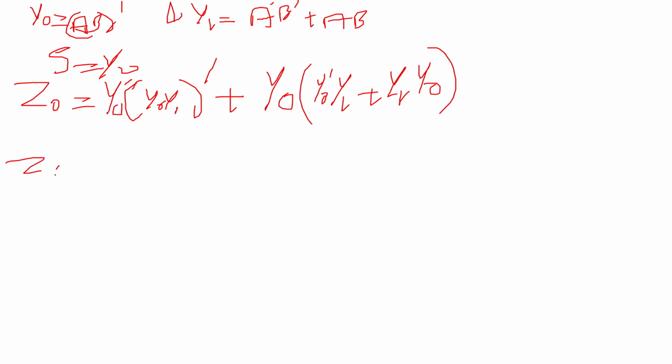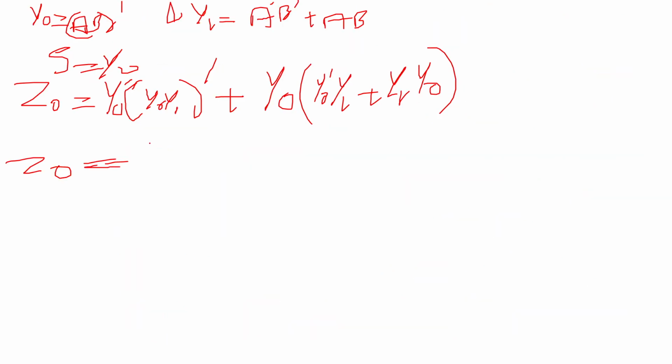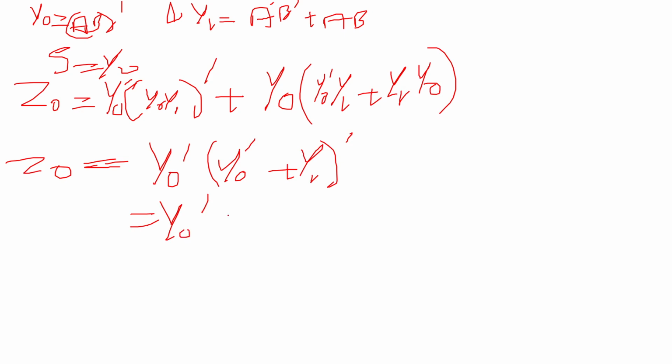So my z0 will be equal to y0 complement plus y1 complement, equal to y0 complement plus y0 y1 complement.